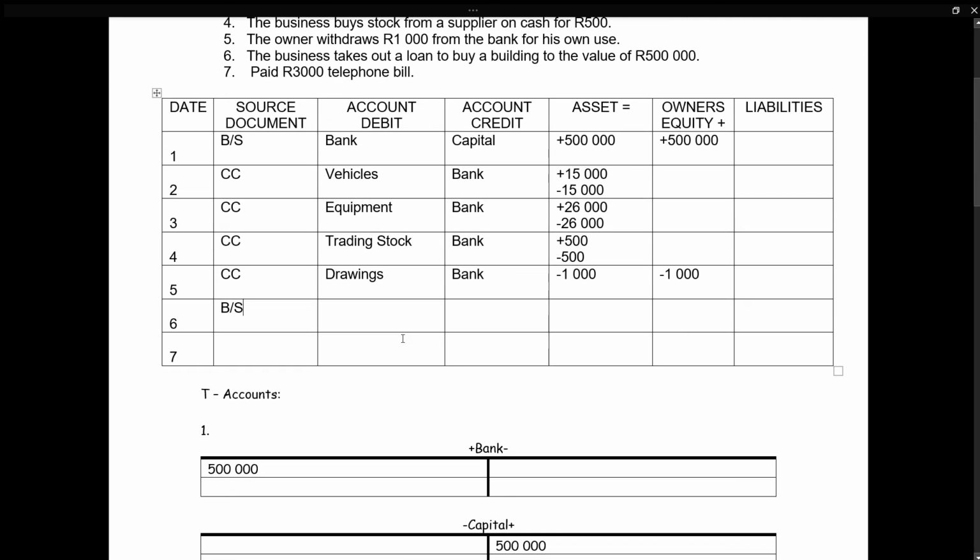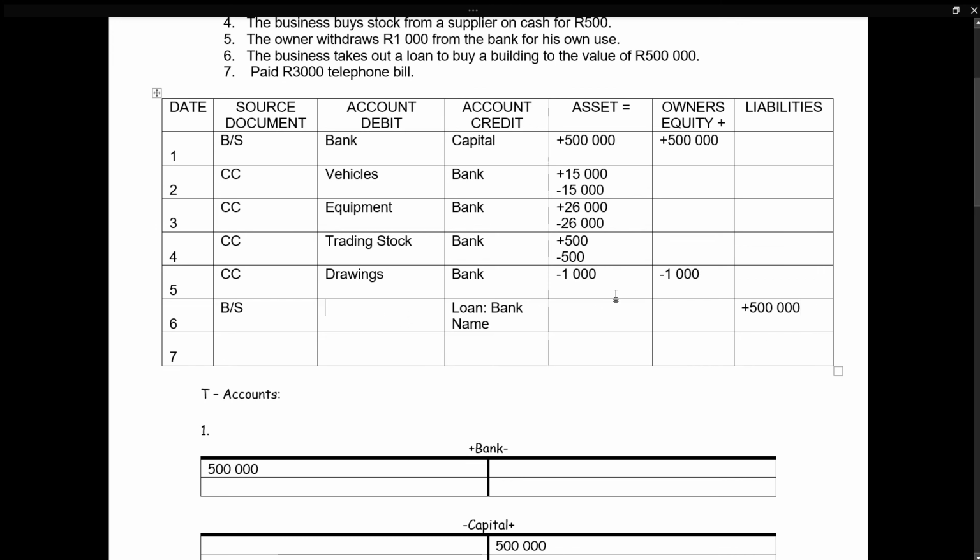Right, so your liabilities will be credited, your loan. I'm just saying here bank name. This is normally how you would write it, but they didn't give you a bank name, but so that you know in future. So your liabilities will be credited and the credit side will increase your liabilities.